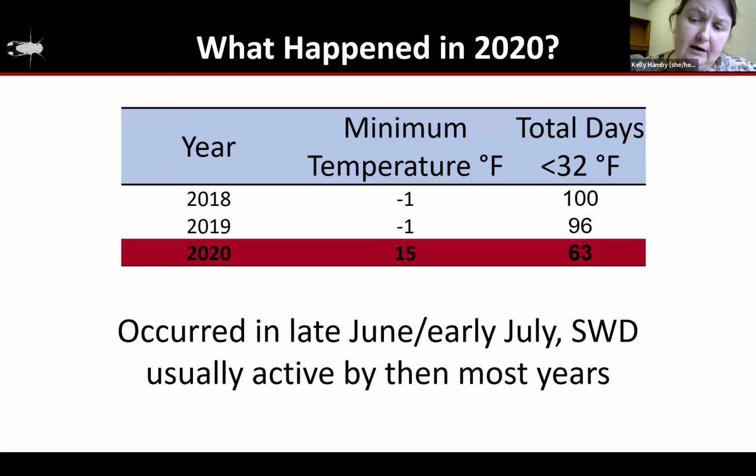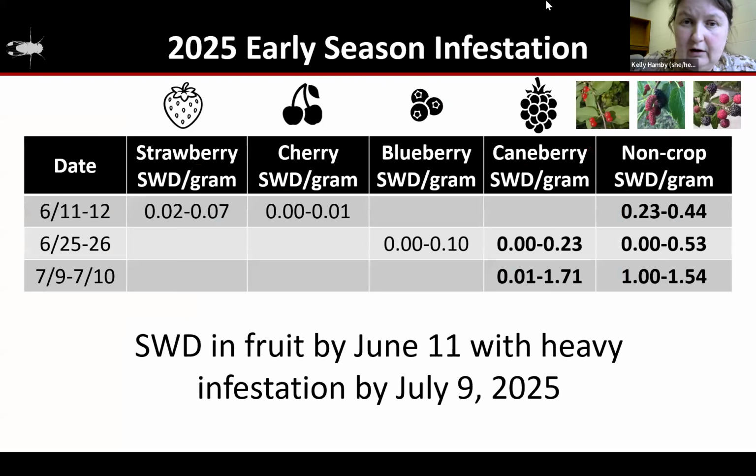The other thing that happened in that year is that cherry damage was actually occurring in late June and early July. So it was a bit of a later cherry harvest that year. And spotted wing Drosophila tends to be active by late June and early July in our area. In fact, if you look at our 2025 early season infestation comparisons, we were sampling, we started in July, at July 11th, we were sampling strawberries and cherries as they were available.